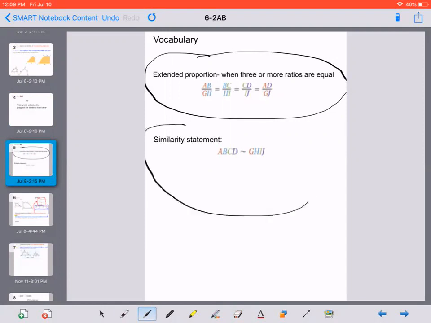Another bit of vocabulary is similarity statement. It's analogous to the congruency statement in that we have to line up the corresponding parts, but notice instead we use the similarity symbol, meaning that the shapes are similar, not congruent.